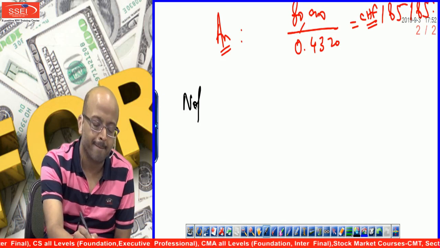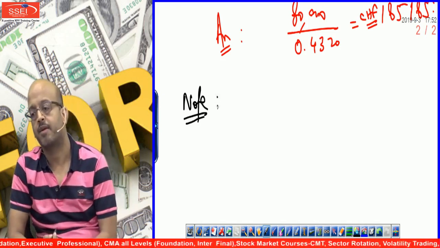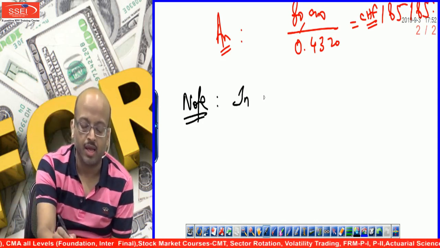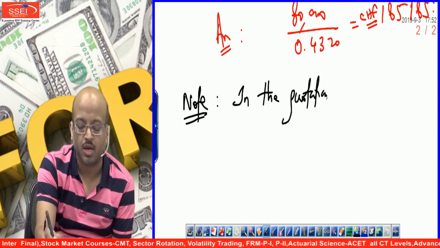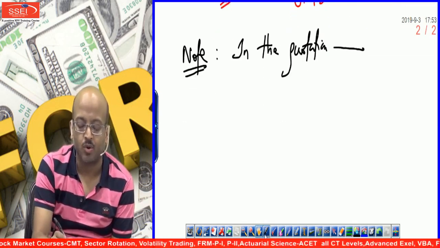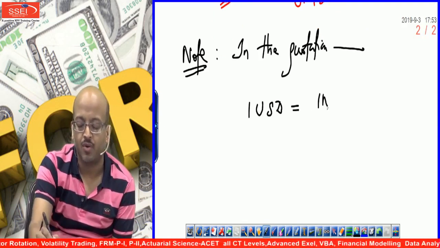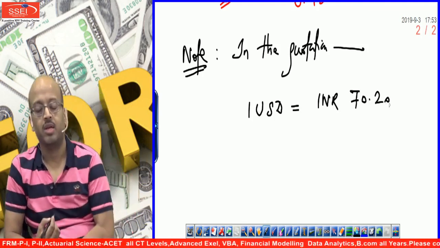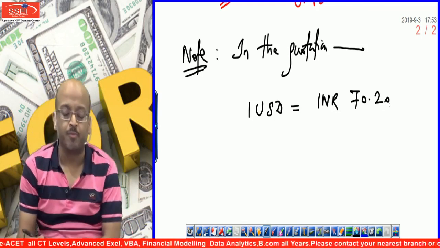Note. In the quotation, 1 USD equal to INR 70.20.